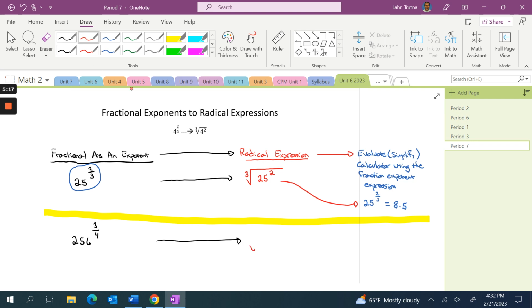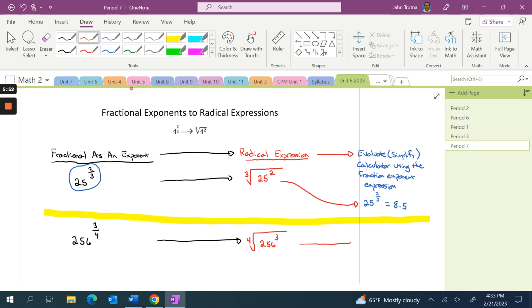So I draw the radical symbol. The denominator of my exponent, which is a 4, becomes the index of my radical symbol. The 256, which is the base of my exponent, goes inside the radical symbol. And then that 256 is going to have an exponent, the numerator of my exponent, 3. So I would get the 4th root of 256 to the 3rd power.